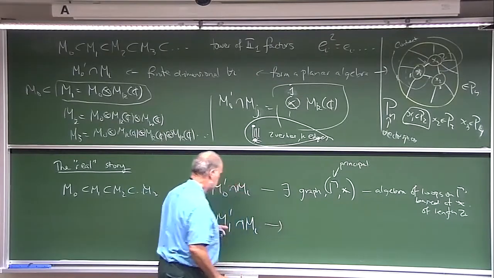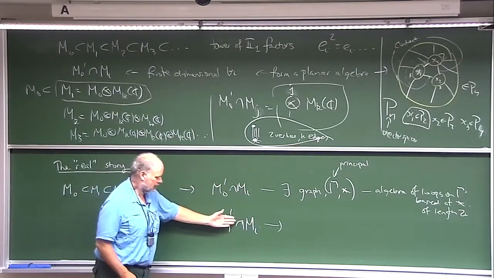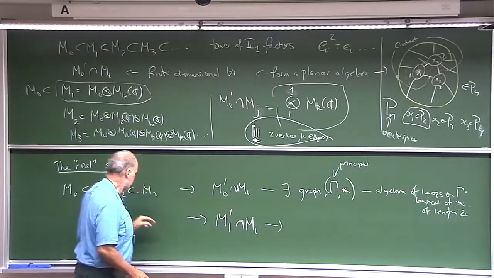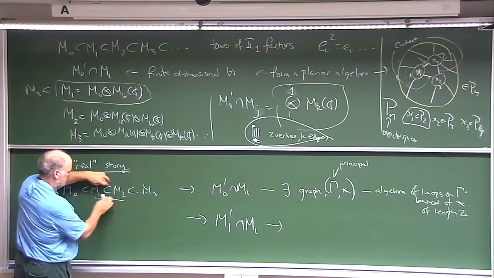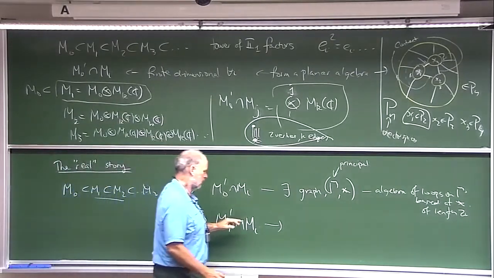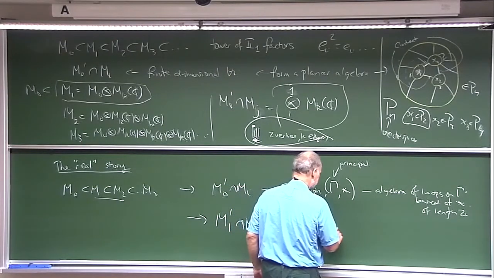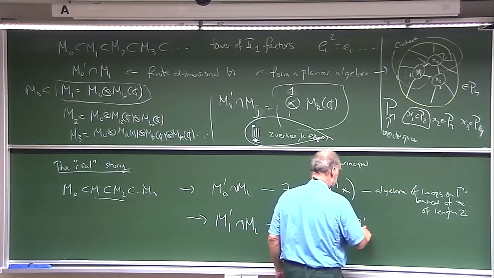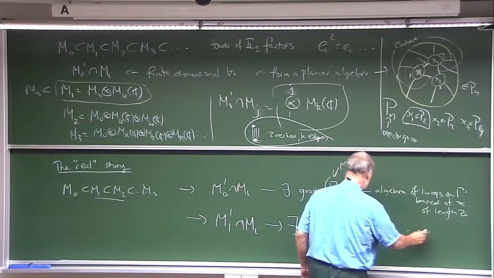Well, in general, these M1 prime intersect Mi are precisely the tower corresponding to this subfactor here. Okay? So therefore there exists another graph, gamma prime, such that it's the algebra of based loops on that.